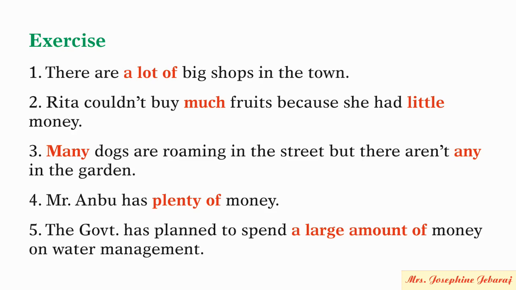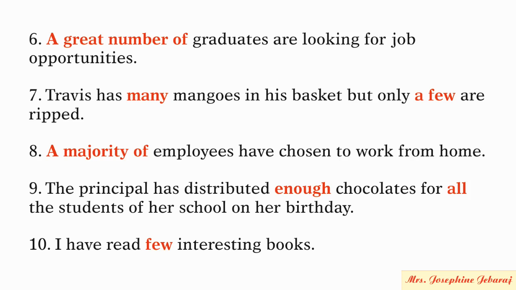Number 4. Mr. Anbu has plenty of money. Plenty of shows a lot of. Number 5. The government has planned to spend a large amount of money on water management. Number 6. A great number of graduates are looking for job opportunities.